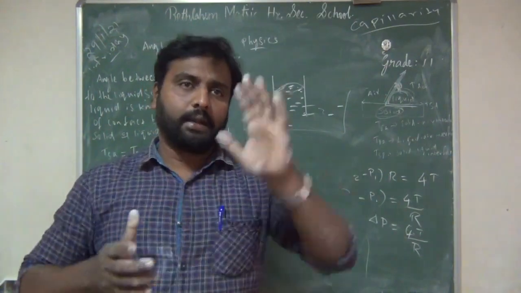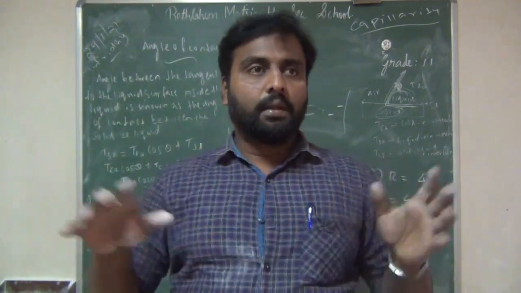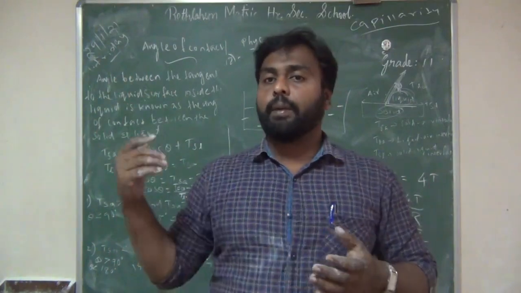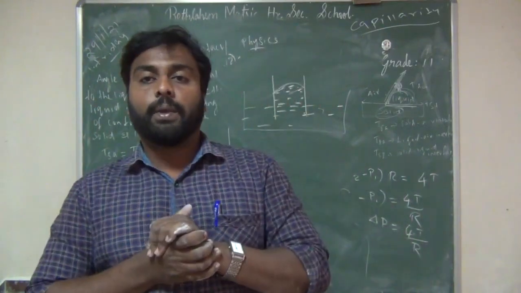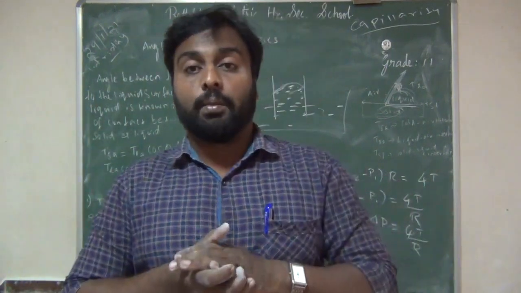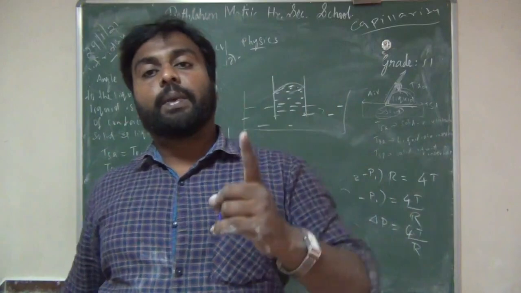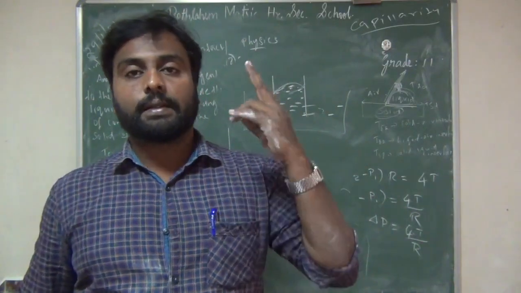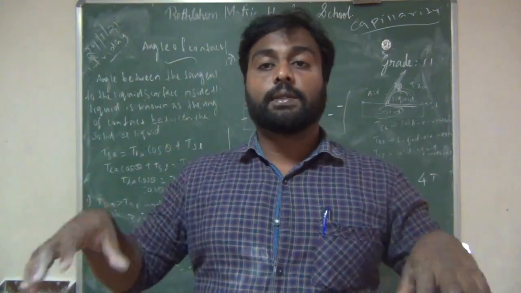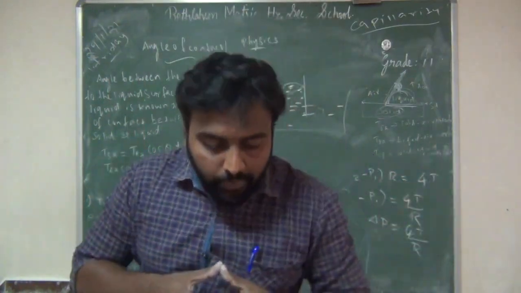So for applications, the first one is the earthen lamp, used by older people. In our old houses also, they use this earthen lamp. That is one application of capillarity. The second application is absorbing ink using blotting paper.